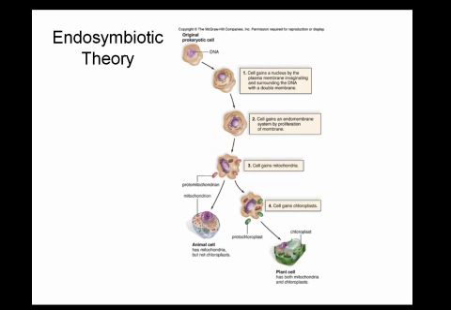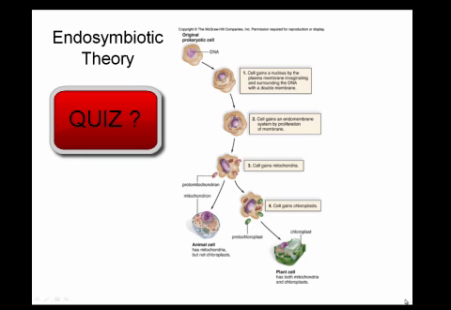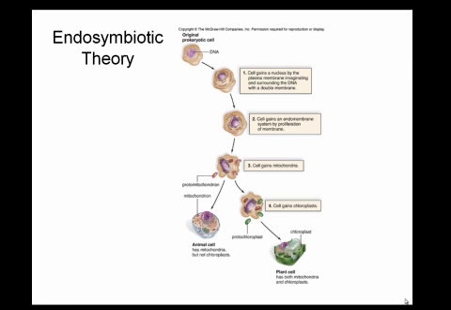Likewise, larger cells, after possibly forming a nuclear envelope, may have engulfed some of the cyanobacteria, and this would have given rise to the double membraned chloroplast. And so it is possible that through this endosymbiosis, prokaryotic cells could have evolved into both animal or plant cells.